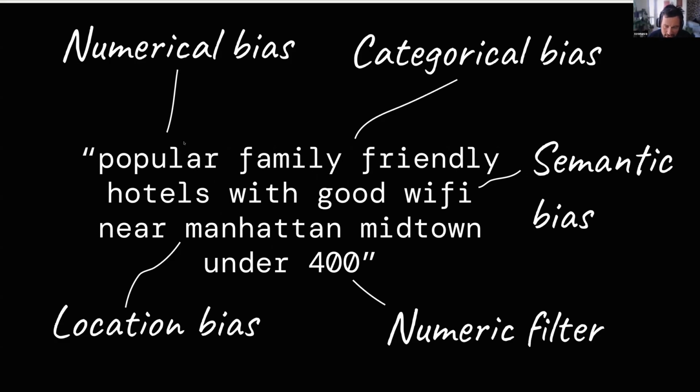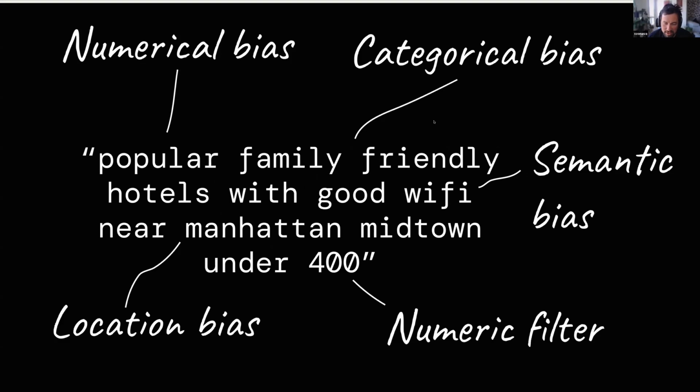Think about each of these components as basically either a bias or a filter, right? We either want to steer the results towards certain attributes or aspects, or there is an outright explicit intention to have a binary, yes or no. So popular would be a numerical bias, or it could be popular to a certain segment of the users, and then it's not just one number, but some other representation.